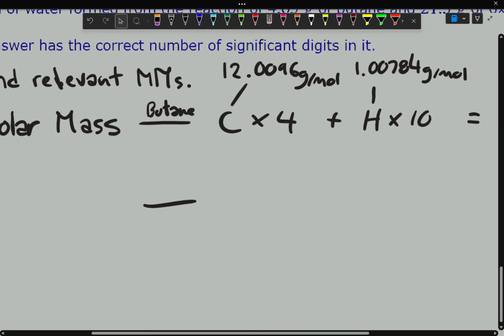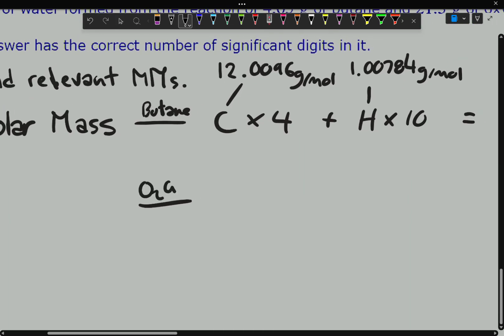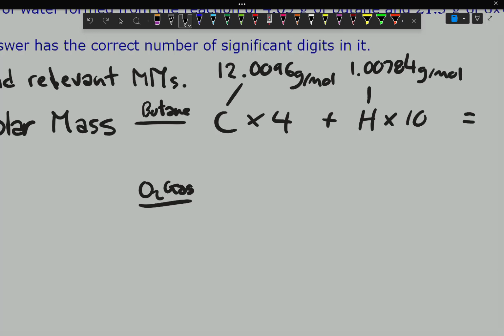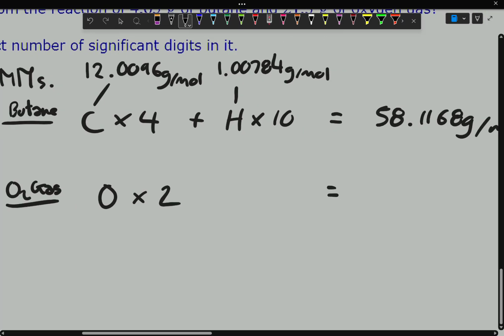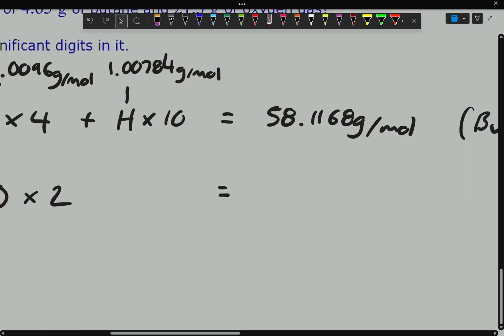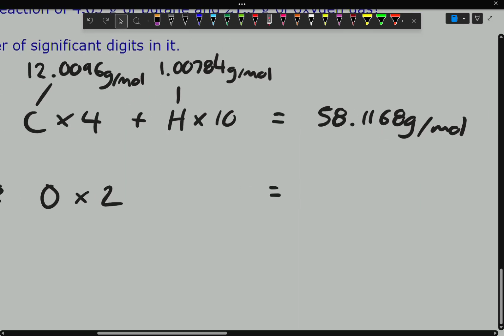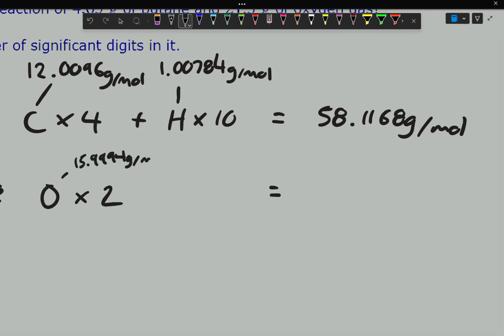And then our second reactant is O2 gas, which is just going to be the molar mass of oxygen multiplied by 2, as this is a diatomic element. And so oxygen gas, according to ALEKS, is 15.9994 grams per mole.